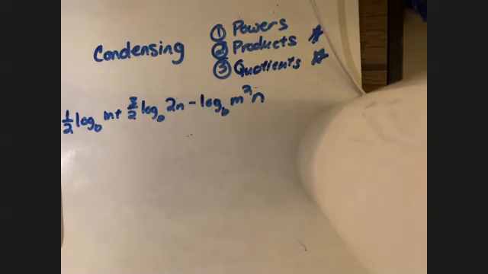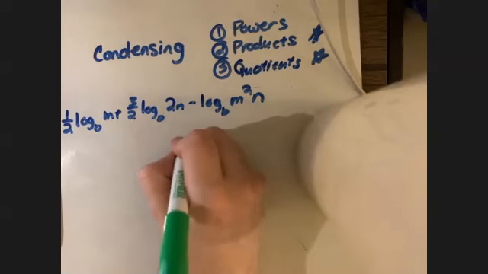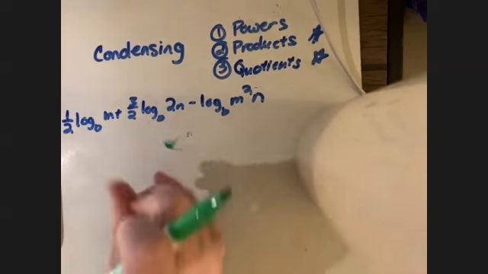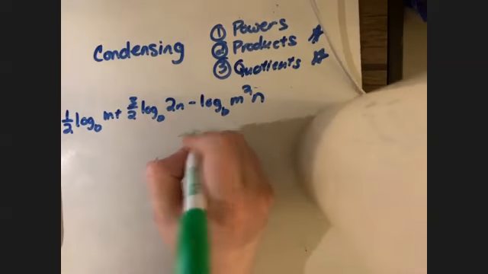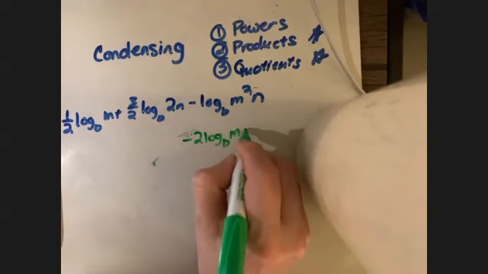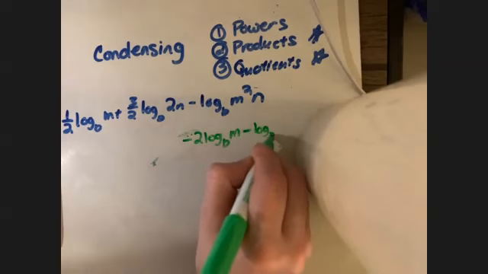Normally, what would have been done here is this would have been 2 log b m minus log b n, okay?